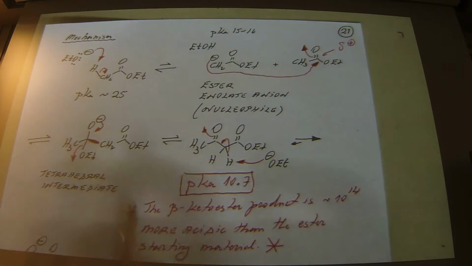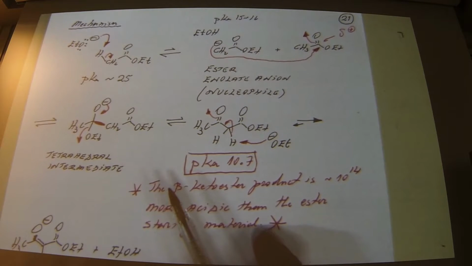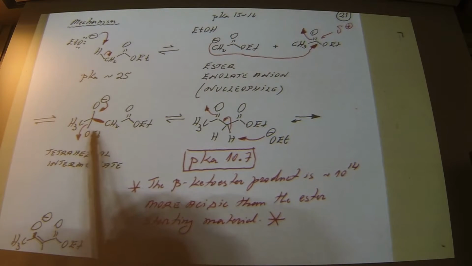The tetrahedral intermediate here spits out ethoxide, which is a leaving group. We've seen that kind of leaving group with the aldol condensation. That gives you the beta ketoester.